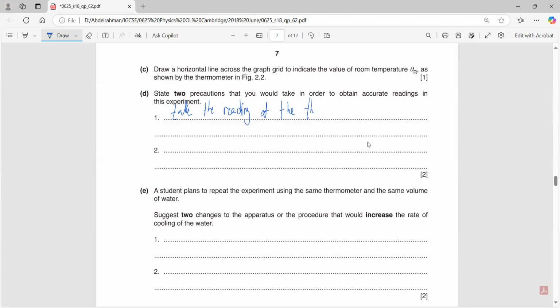So take the reading of the thermometer perpendicularly. Why? To avoid the parallax error.